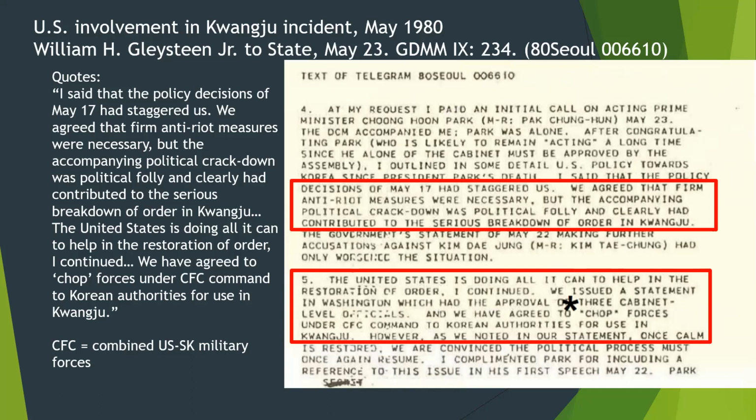Do you think this indicates that the US was directly involved, or what was the US take on what went down in Gwangju in May of 1980?